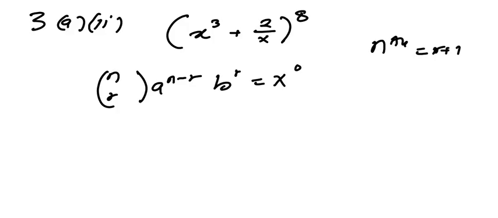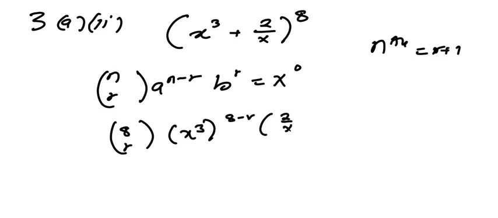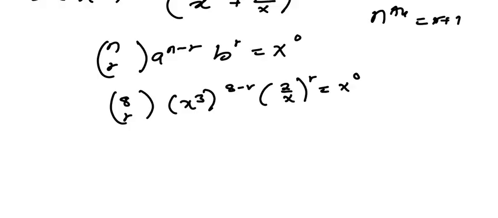So n is 8. So 8 choose r. The first term is x to the power 3, raised to 8 minus r. The second term is 2 over x, raised to the power r. Equate this to x to the power 0. This is going to be x to the power 24 minus 3r, then we have 2 to the power r, then there's x to the power r, is equal to x to the power 0.